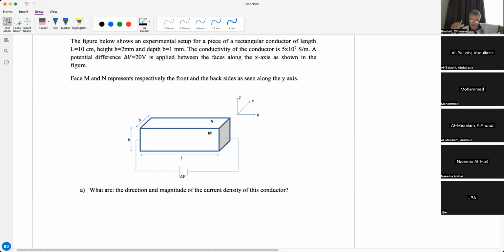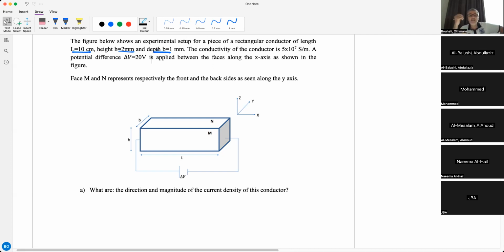A conductor of length L, so the length is given, the height is given, and the depth is given. It is mentioned here, the length, the height, and the depth. The conductivity of the conductor is 5 times 10 to the power of 7 Siemens per meter. A potential difference of 20 volts is applied between the faces along the x-axis.